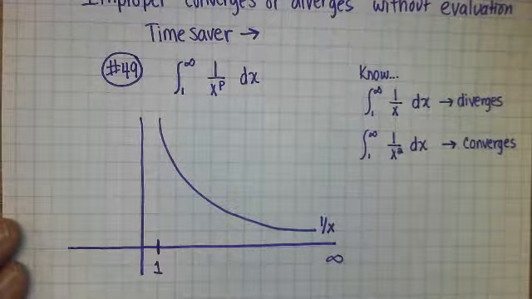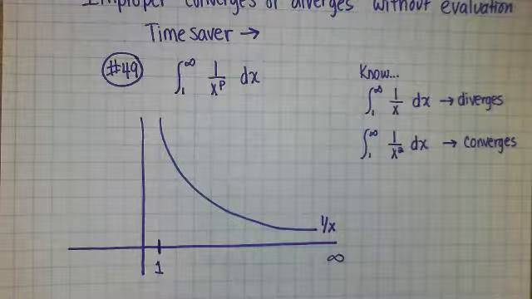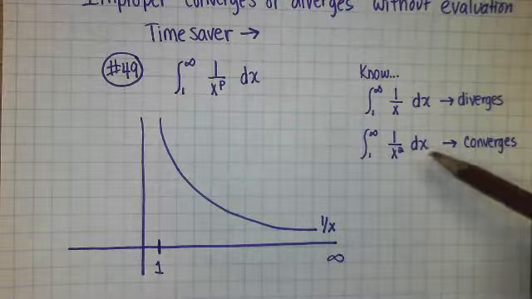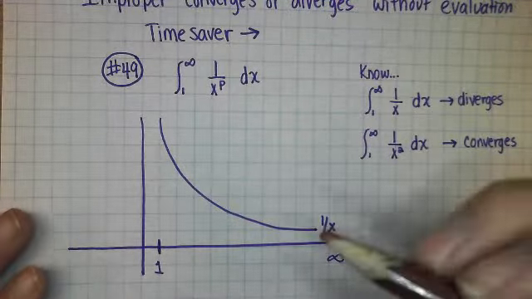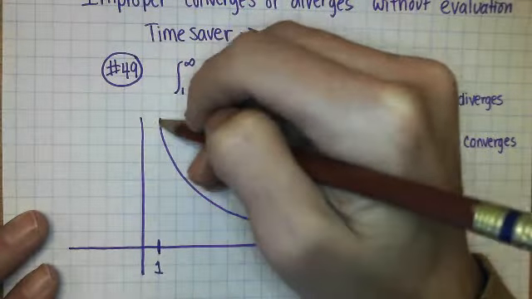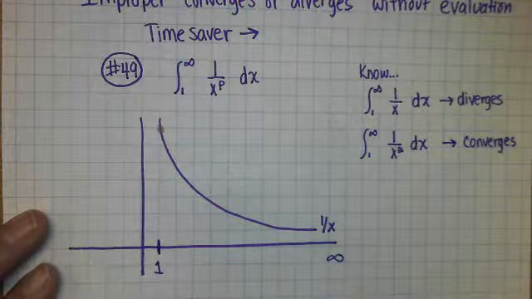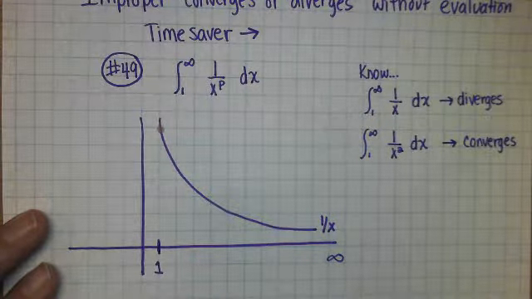However, if you take a look at, let me grab a different color here, this guy here, 1 over x squared, and think about 1 over 1 squared, it's going to meet up pretty much in the same place that 1 over x is going to meet up at.